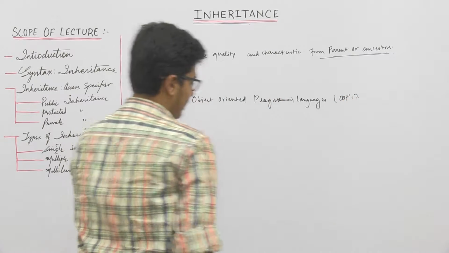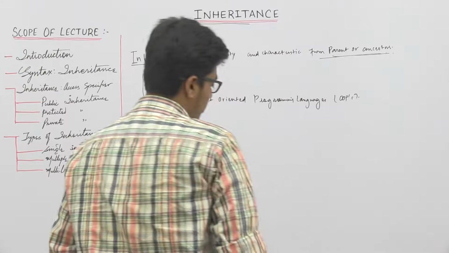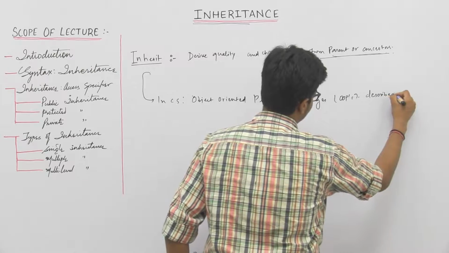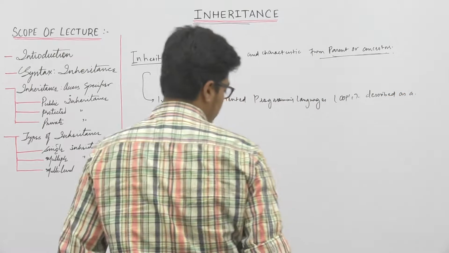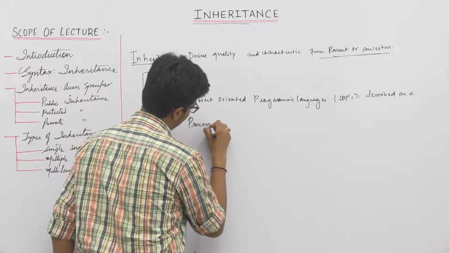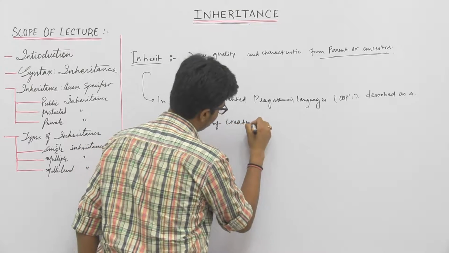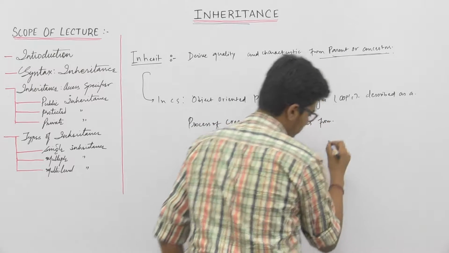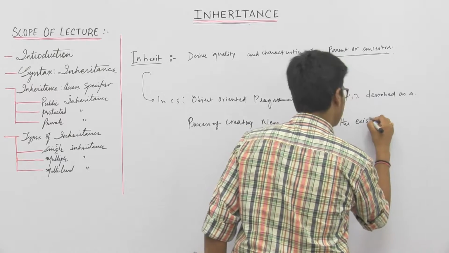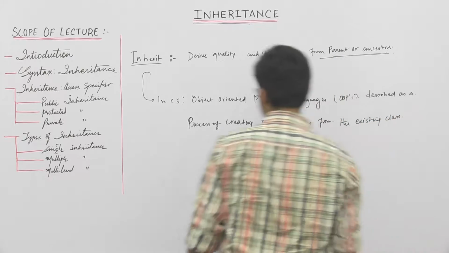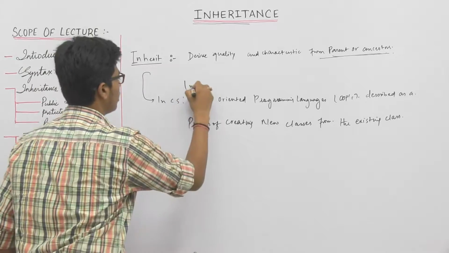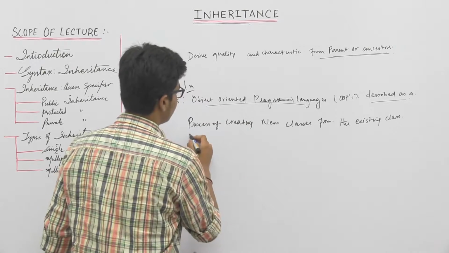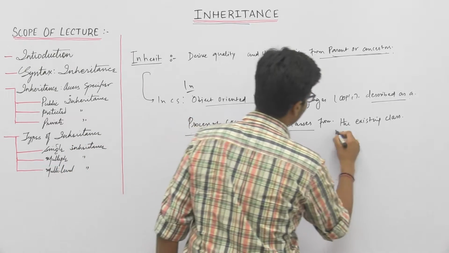In object oriented programming, inheritance is described as the process of creating a new class from the existing class.